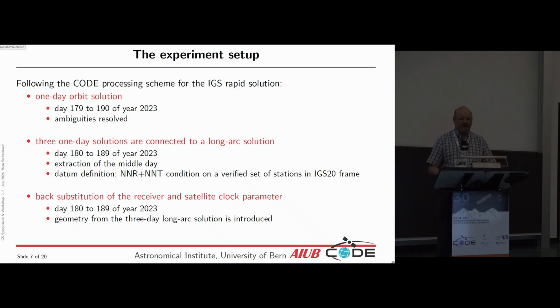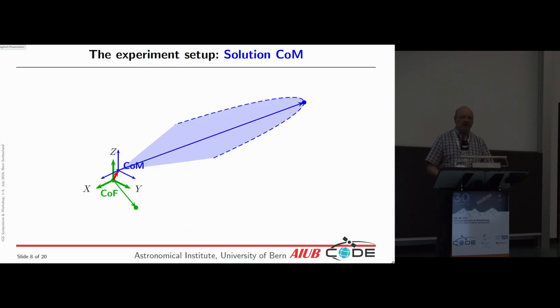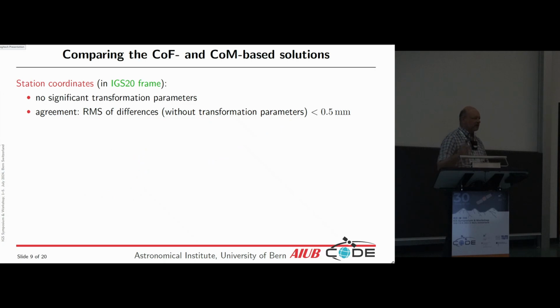Here we applied the datum definition with respect to IGS20, and then we had more or less the geometry given, and then we did a back substitution to obtain the clock parameters for a PPP. So this was done 2 times: one, forcing the satellites to refer to the ITRF frame, and another time that they refer to the center of mass as it is provided by the center of mass model from the ITRF.